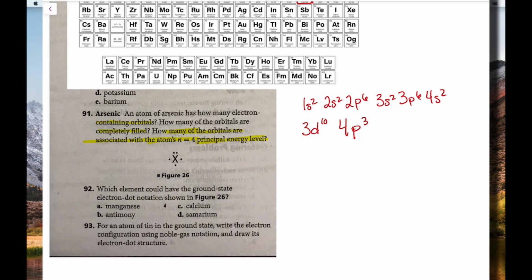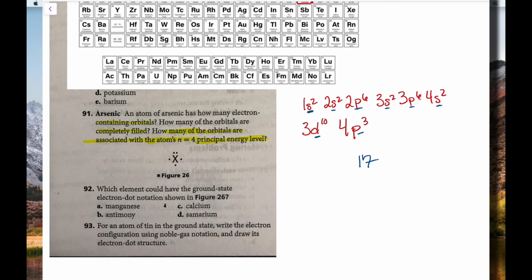It says, an atom of arsenic has how many electron-containing orbitals? How many orbitals? Well, let's go ahead and count them out. So we have 1, 2, and then there's 3 here. So that's 1, 2, 5, 6, 9, 10, and then this is 5, 14, and so this is going to be 17. 17 electron-containing orbitals.